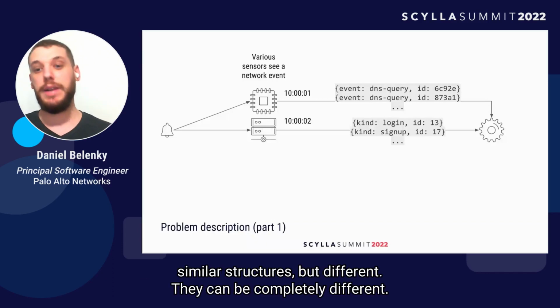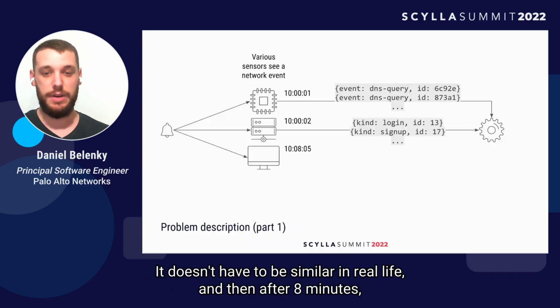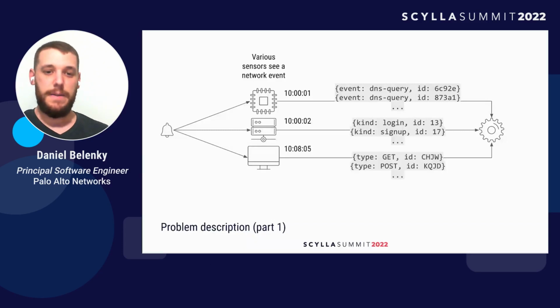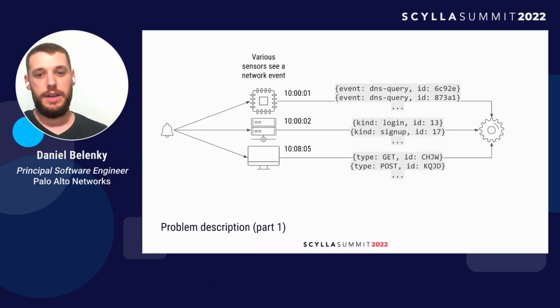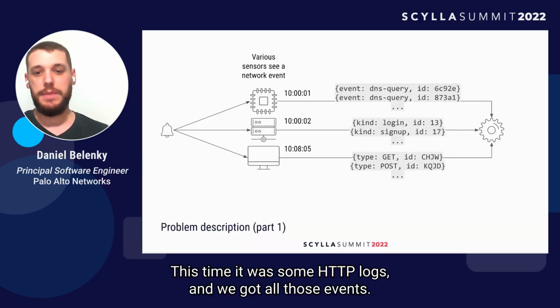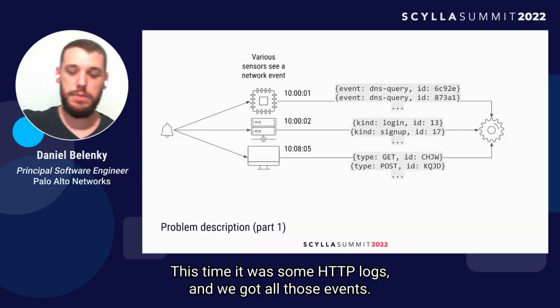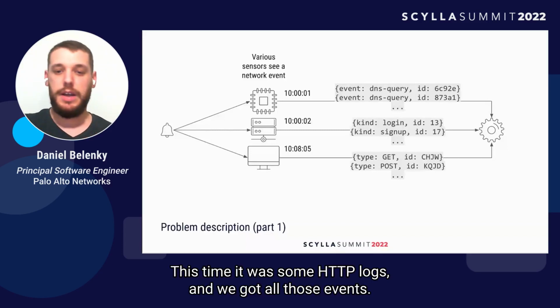They can be completely different. It doesn't have to be similar in real life. Then after 8 minutes, we received another event from a third sensor. This time it was some HTTP logs, and we got all those events.